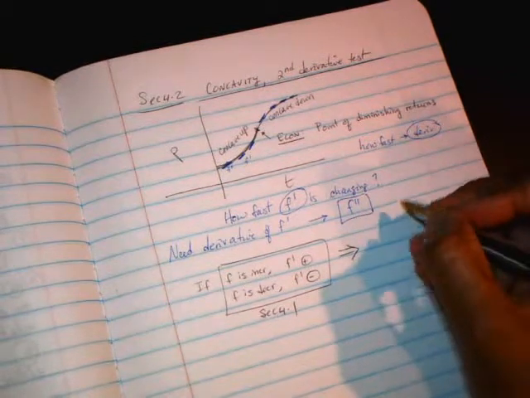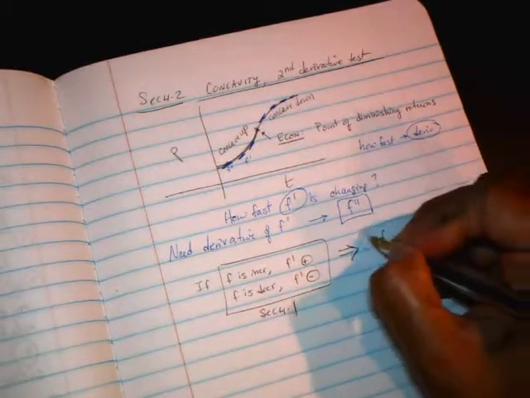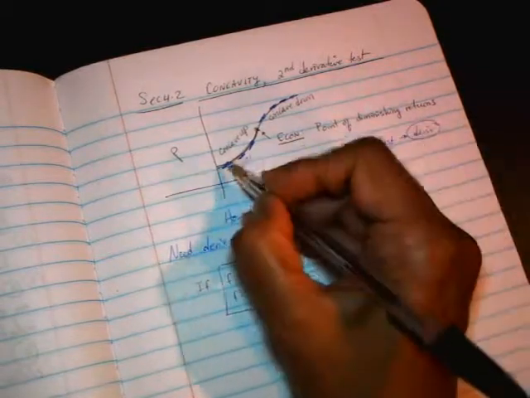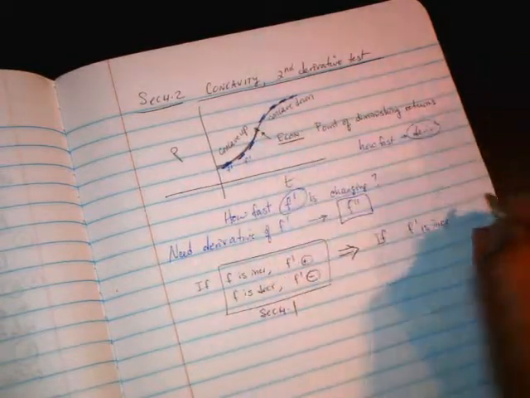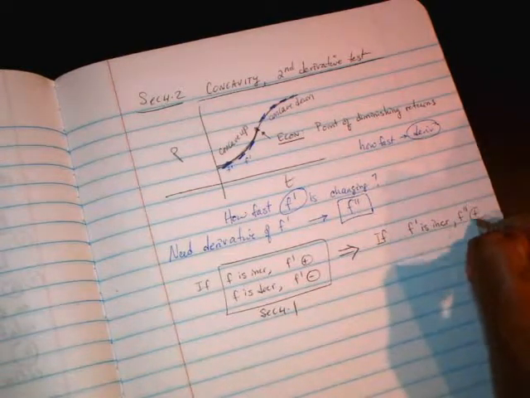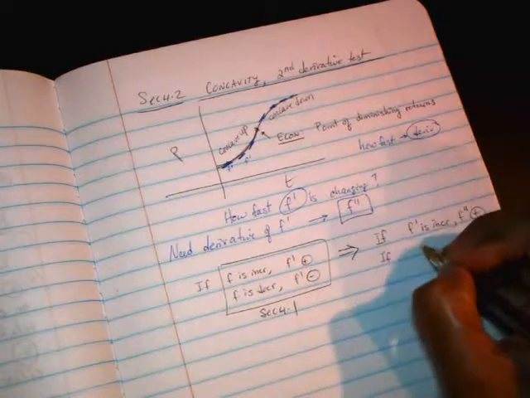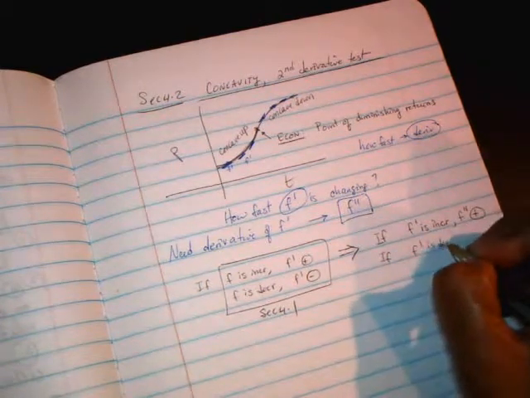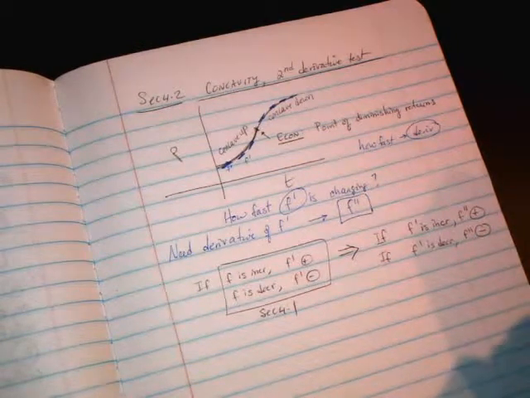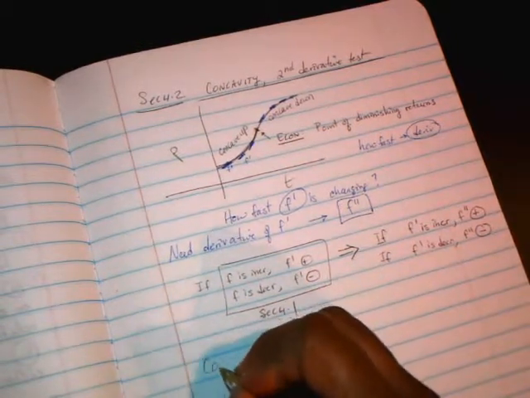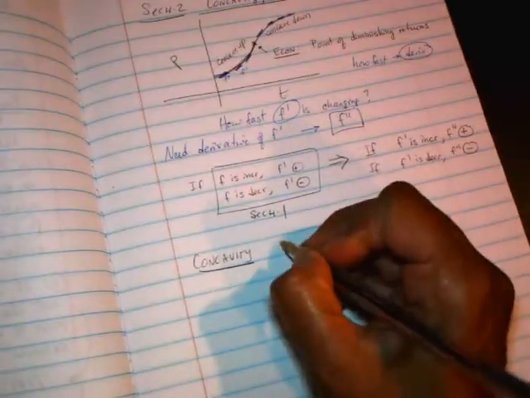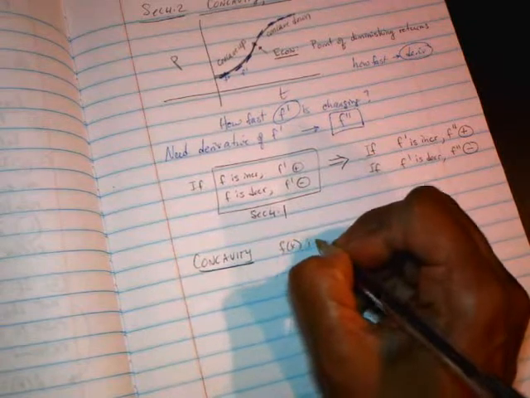By using the same logic in this section, so this is from section 4.1, if f prime is increasing, this is f prime, is getting steeper, then its derivative, which is f double prime, should be positive, and if f prime is decreasing, then f double prime is negative. So as far as concavity goes, we say that f of x is concave upward.